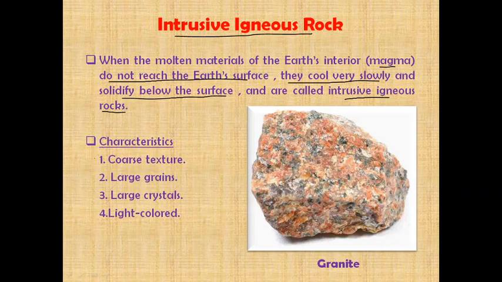First of all, it has coarse texture. Then it has large grains, it has large crystals, and last of all, it is composed of light colored minerals. Granite is an example of intrusive igneous rock.